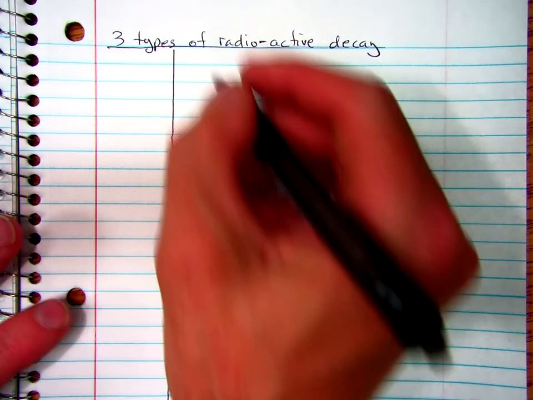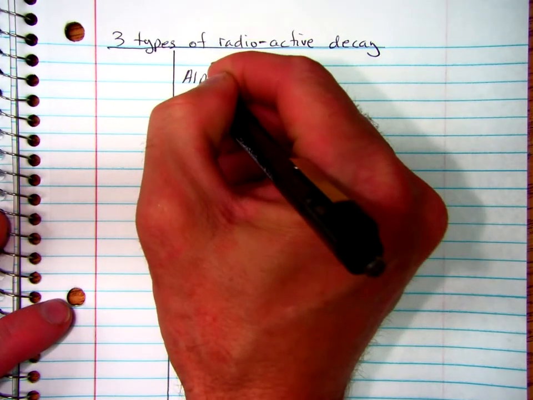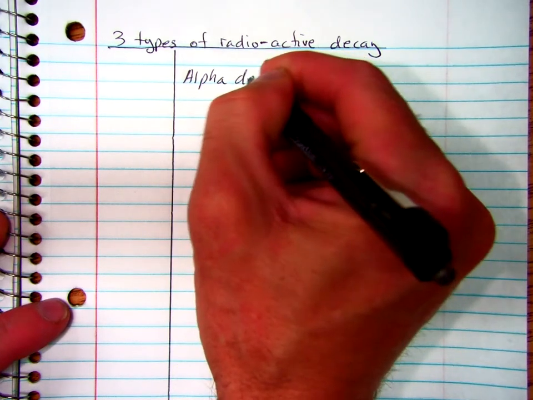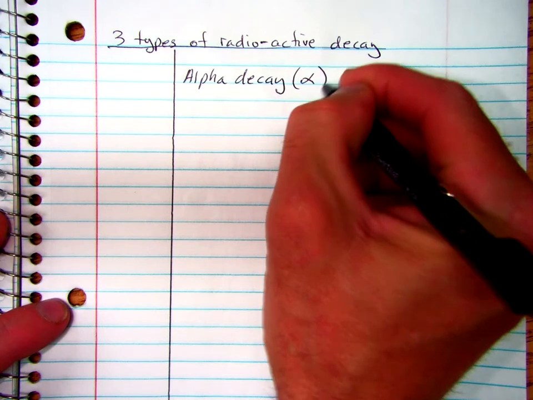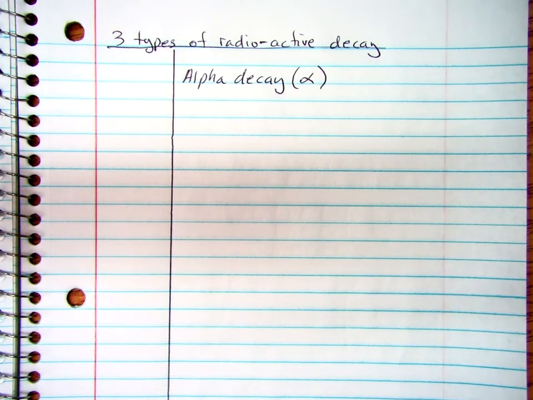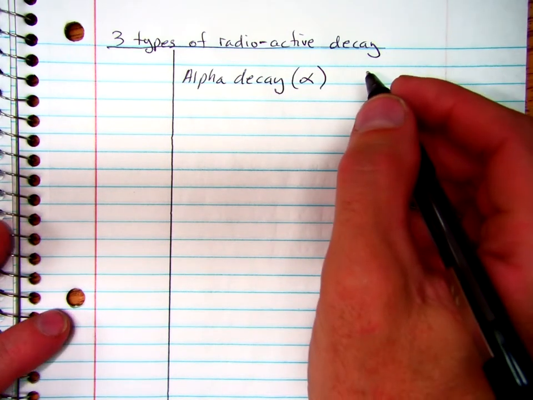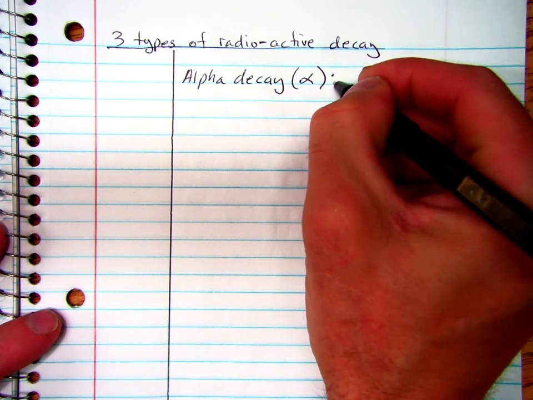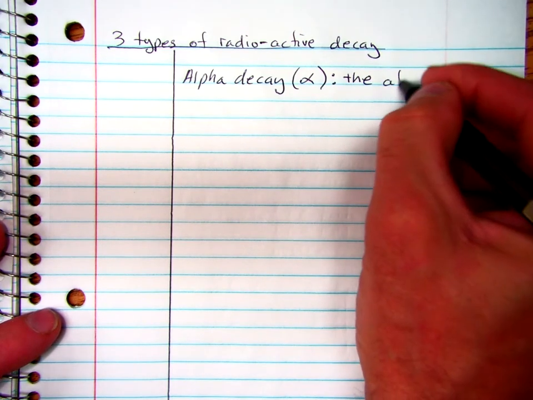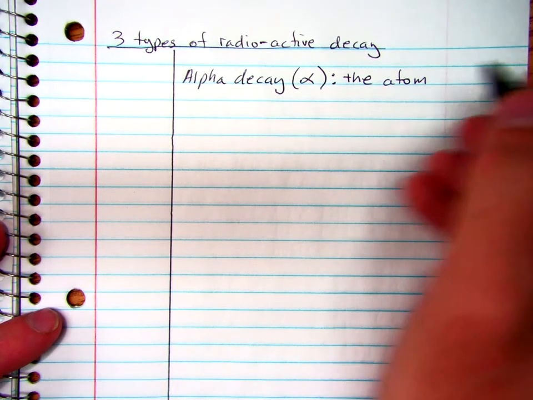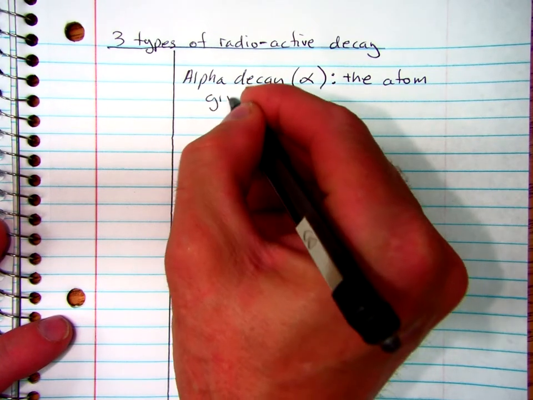The first type of decay is alpha decay. And the symbol is the Greek symbol alpha. Alpha decay occurs when the atom gives off a helium nucleus.